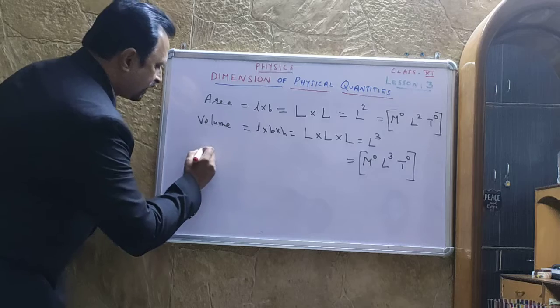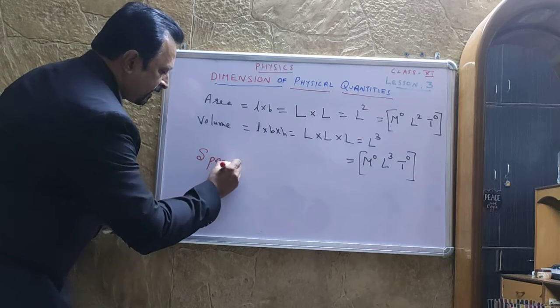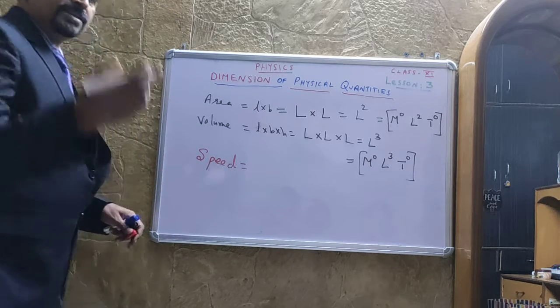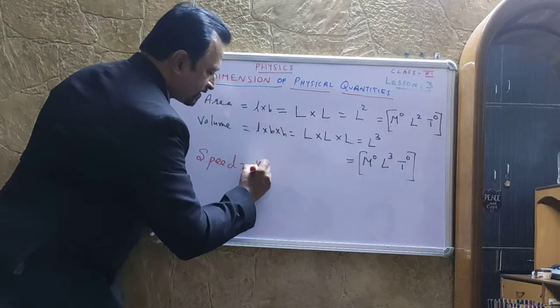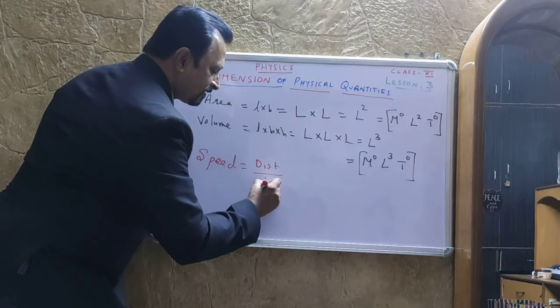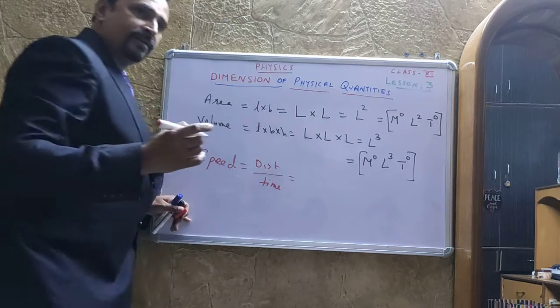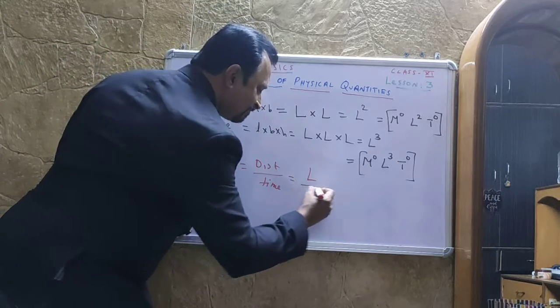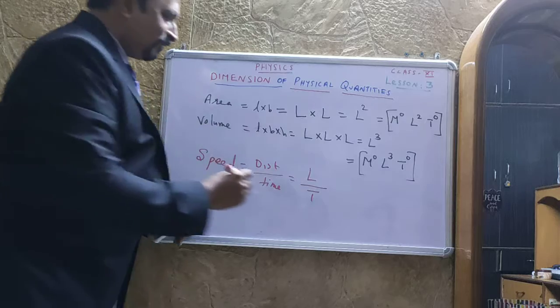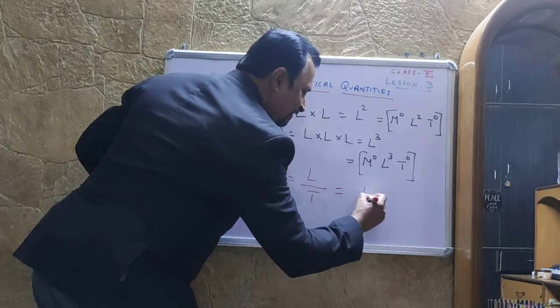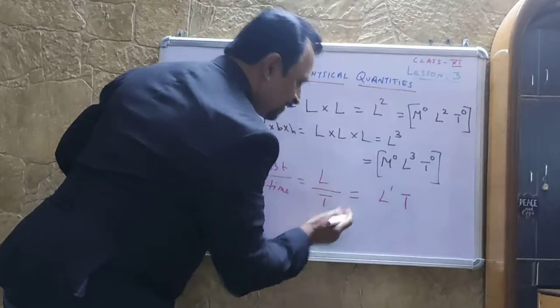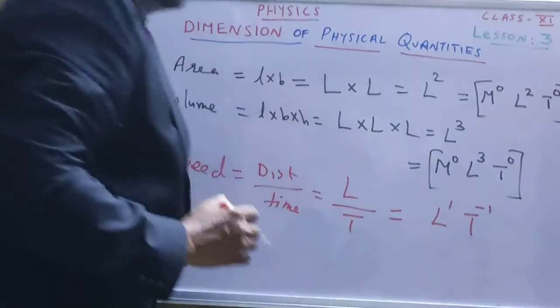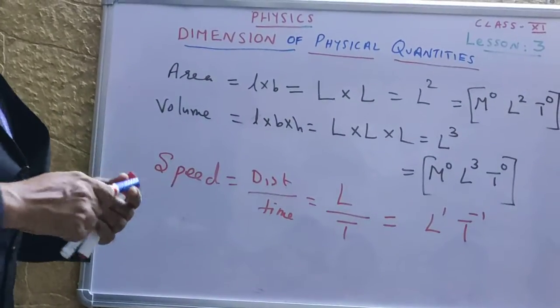Similarly, you can try what is the dimensional formula for speed. Speed, what is the formula? It is distance divided by time. Right? Distance is a length. Time is T. So what are you getting? Length 1, T in the denominator. You take it to the numerator, it will become minus 1. Is there any mass there?